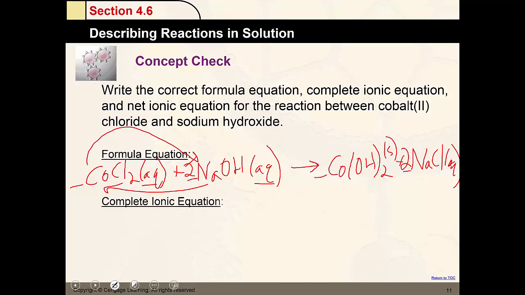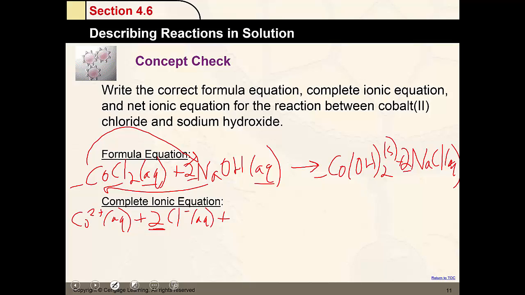Okay, so now for writing the complete ionic equation, it's a little tricky here. So now CoCl2 is aqueous, so it breaks apart in solution into Co2+ and 2 Cl- ions. That Cl2 means there's 2 chloride ions, so when writing the complete ionic equation, that 2 now becomes a coefficient to indicate that there are 2 chloride ions.